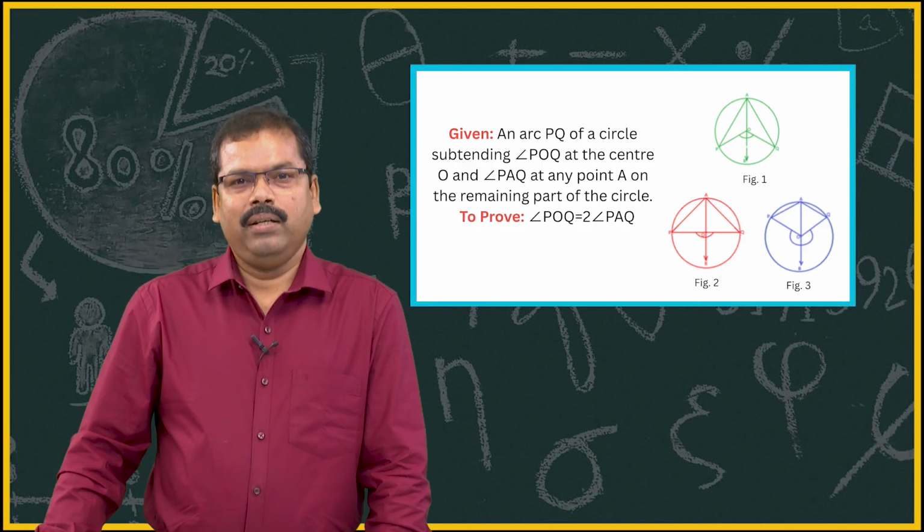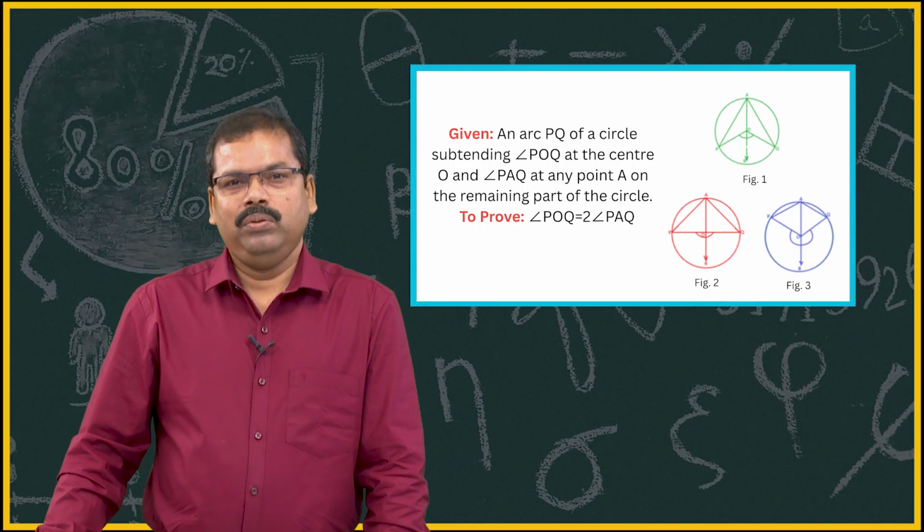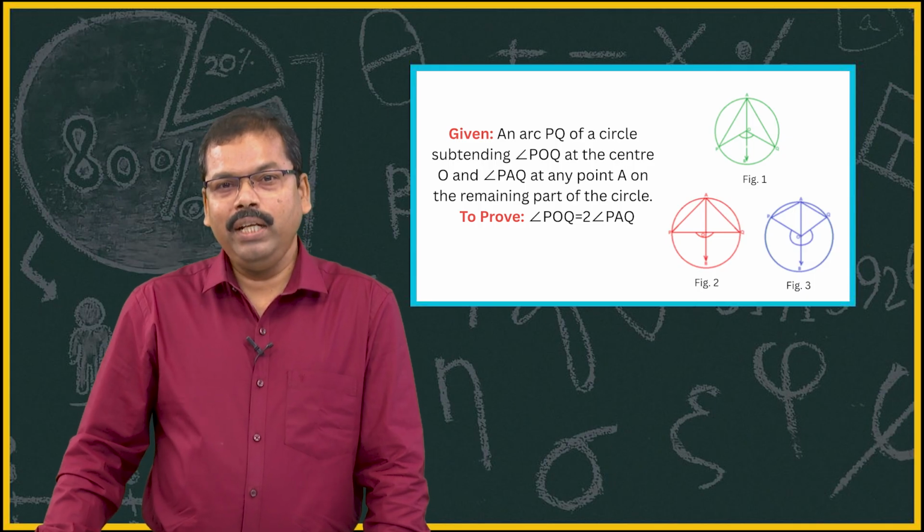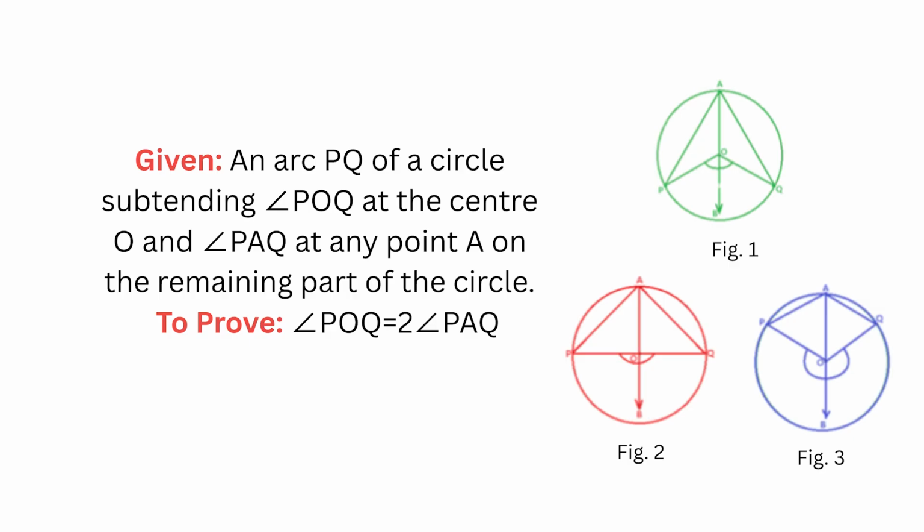What is given? Given an arc PQ. Students, I have taken here 3 diagrams: figure 1, figure 2, figure 3. You observe carefully. An arc PQ of a circle subtending angle POQ at the center O and angle PAQ at any point A on the remaining part of the circle.